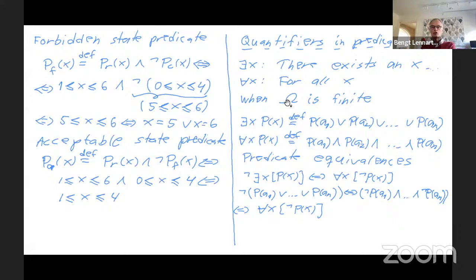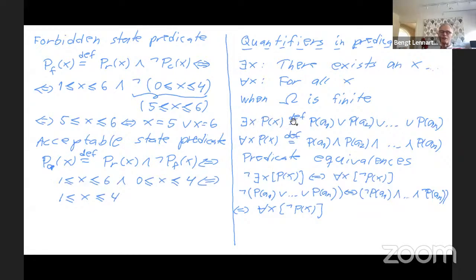So in this case, assume that omega has elements a1 to an. Then the statement there exists an x such that p of x is true is equivalent to saying that it's p of a1 or p of a2 or until p of an. If that is true, then this existence of x such that p of x is also true.